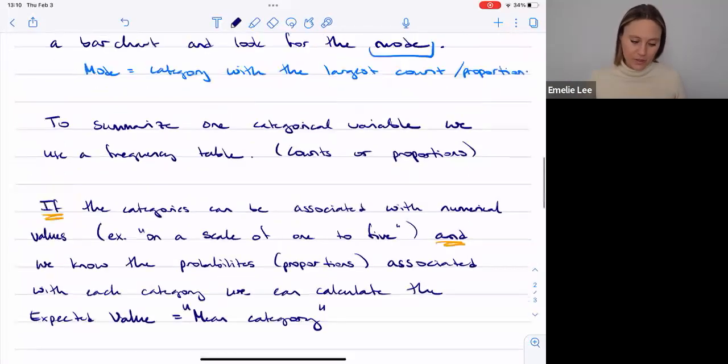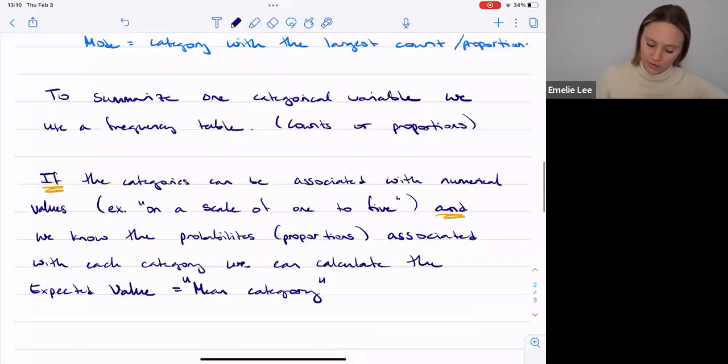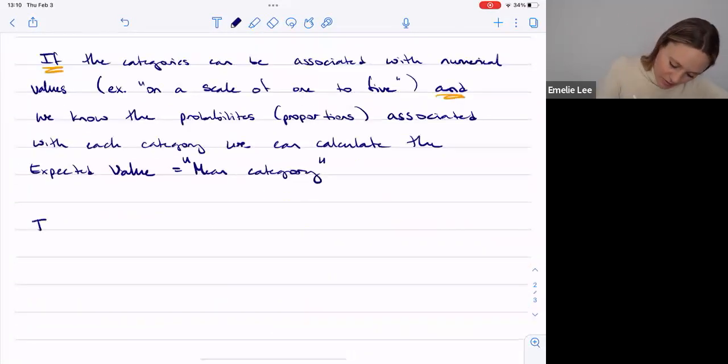Okay. So that's if we have one categorical variable. Let's move to two numerical variables. So now I'm looking at a relationship between two numerical variables. So I'm going to just write it as two numerical variables.